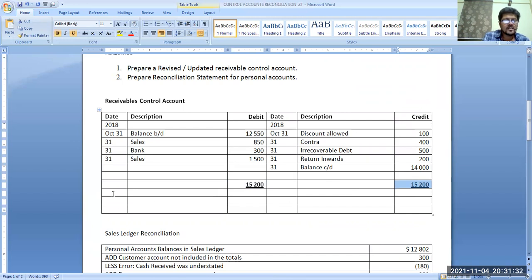Now 2018, November 1st, balance BD. Let's see what's happening there.